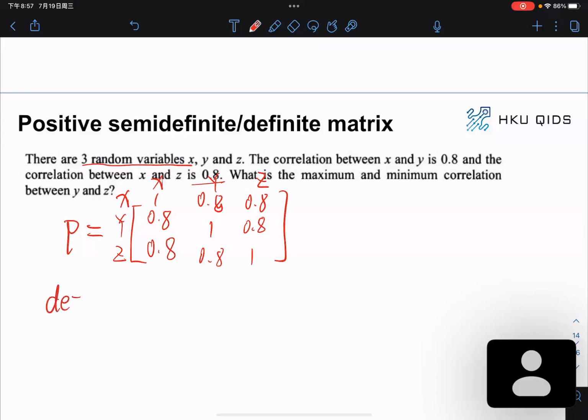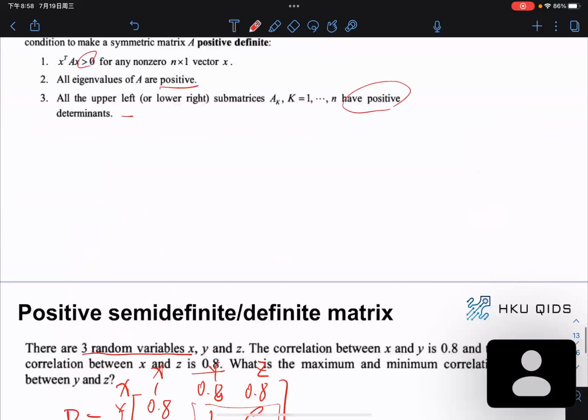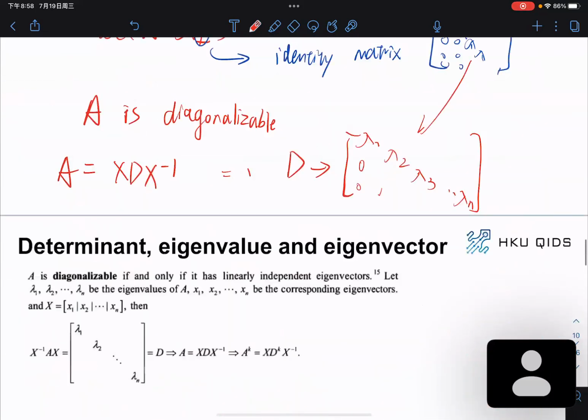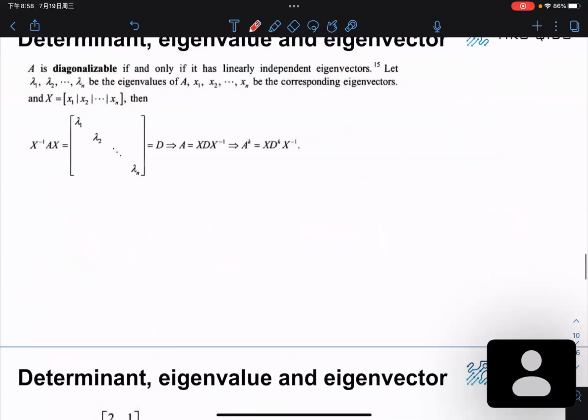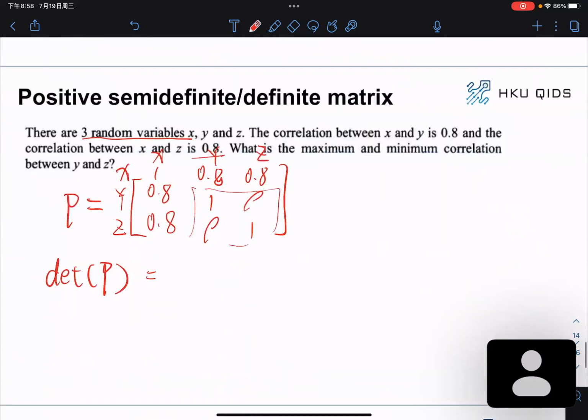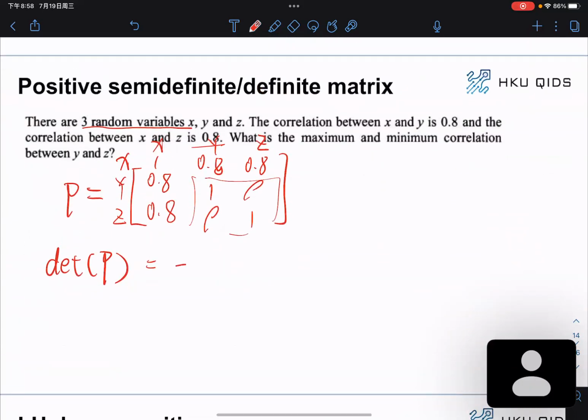For these two we are unknown, right? This is rho, sorry. And we can have the determinant as in the method I talked about before in the previous part. I'm just applying this method and jumping over the middle part. You can calculate this as negative 0.28 plus 1.28 rho minus rho square.